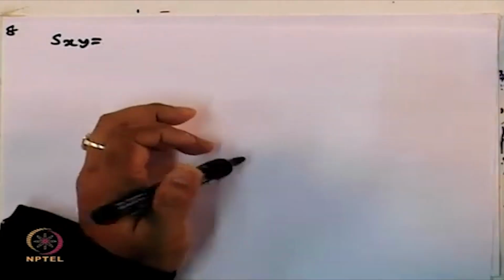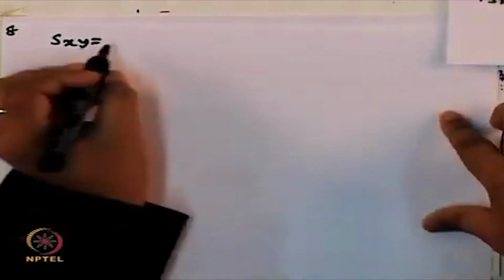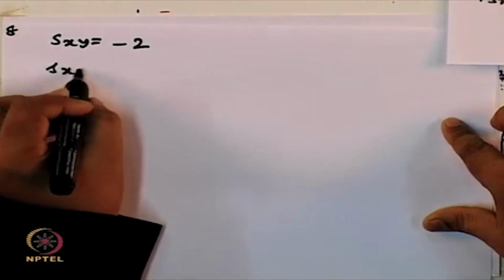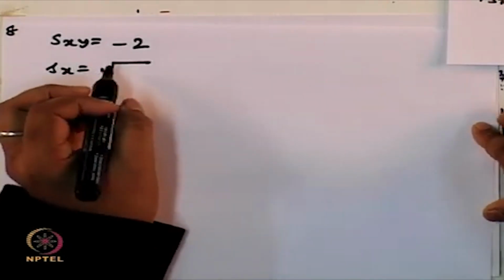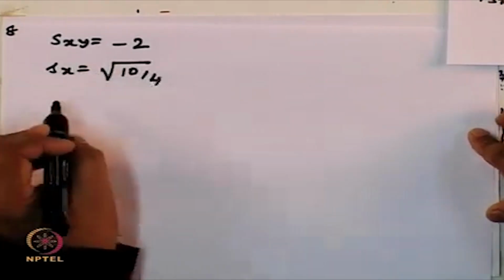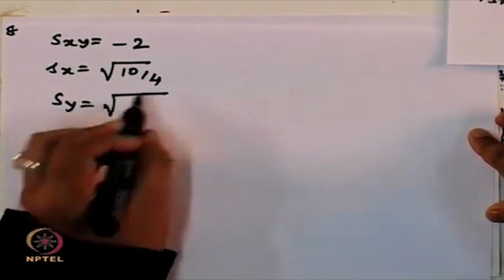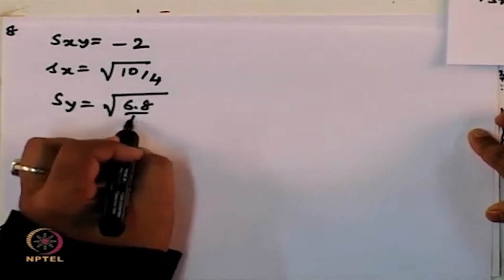So, I can write s x y is equal to minus 2, s x equal to square root of 10 by 4, s y equal to square root of 6.8 by 4.